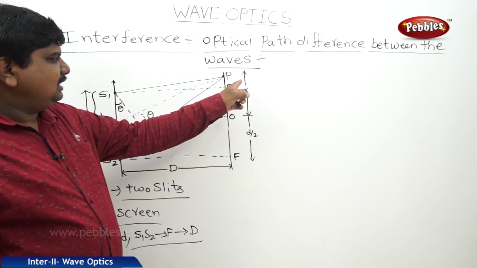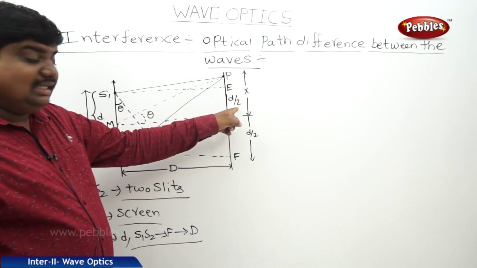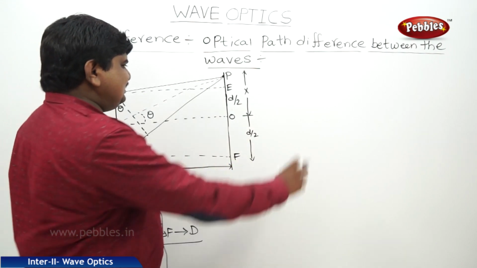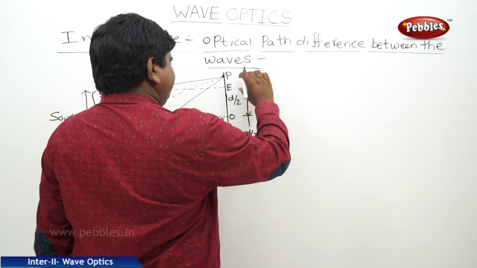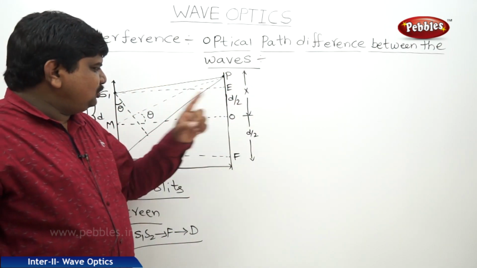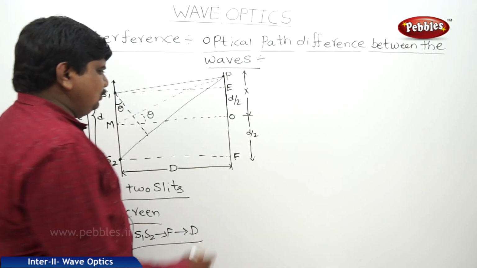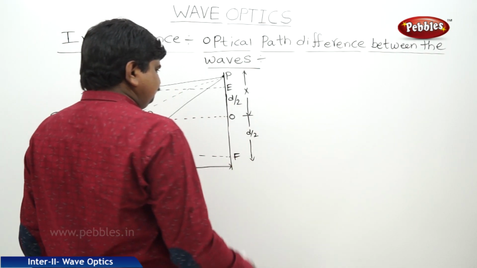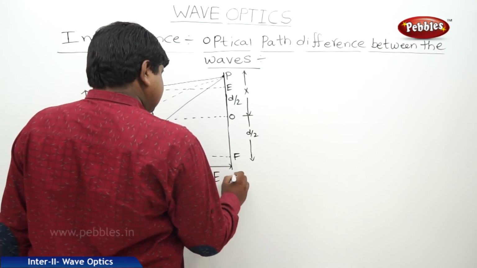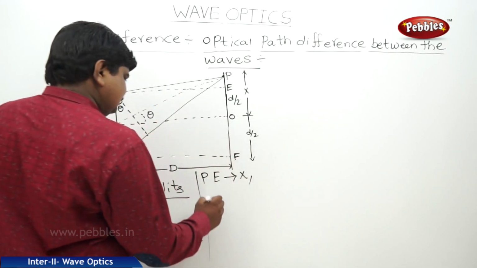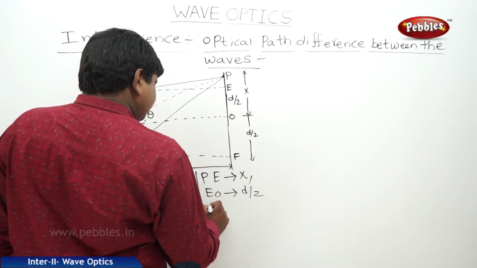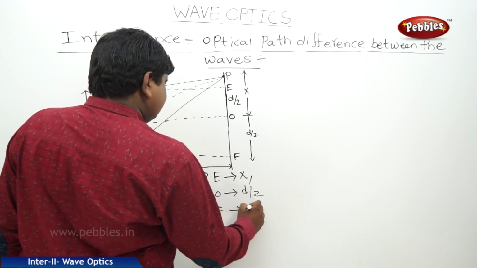So P to O is x, E to O is d by 2, and O to F is also d by 2.